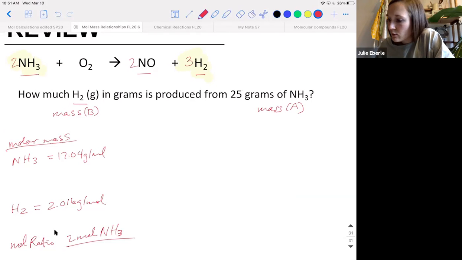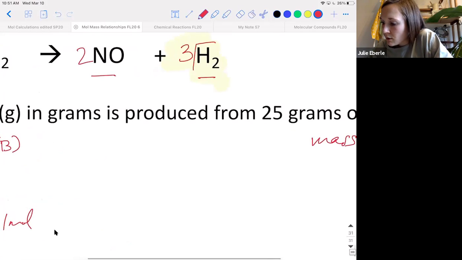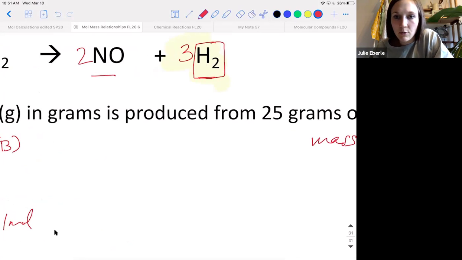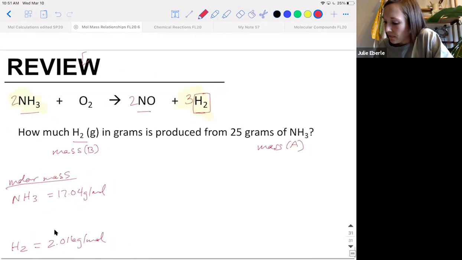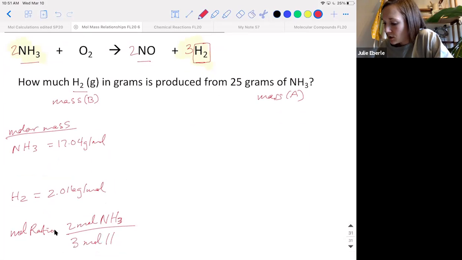So 3.024? No, Whitney, we're just calculating the molar mass of H2. We don't take into account the coefficient there. So for every 2 moles of NH3, we're going to get 3 moles of H2. And we'll see if we need to flip that or anything when we plug it in. You're good, Whitney, no worries.